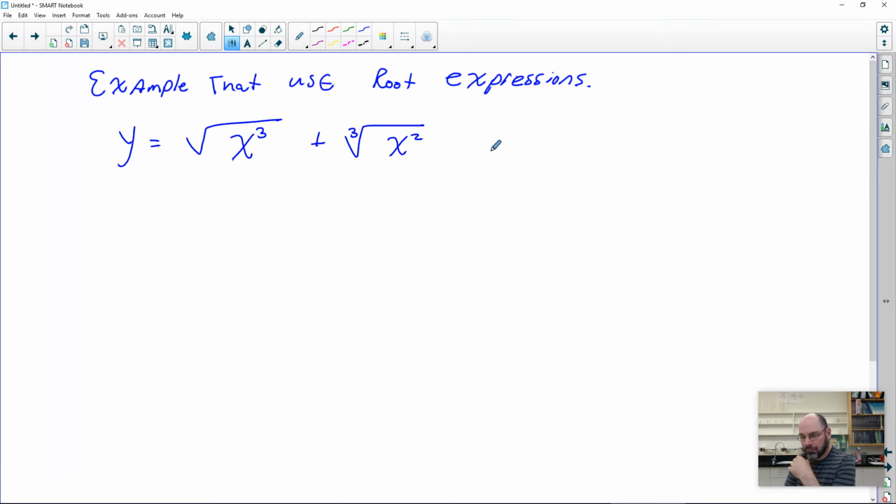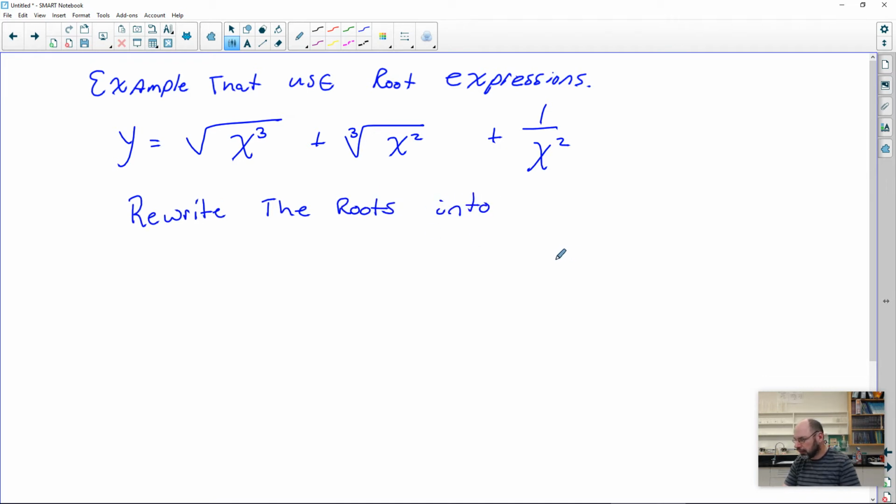Let's do one like this, plus 1 over x squared. So we have to rewrite the roots into exponential form. That's what we have to do before we do anything.